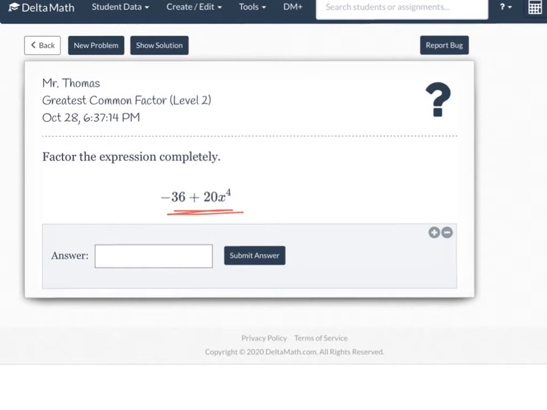One is you can use the calculator. If you go to the math button on your calculator, use your right arrow to go to number, and then go down to number 9. That one says GCD, which stands for greatest common divisor, which is the same thing as GCF, okay?